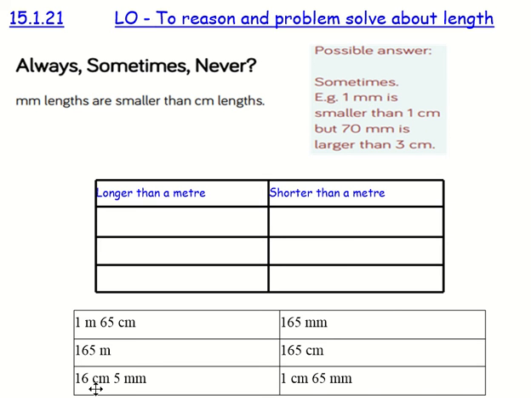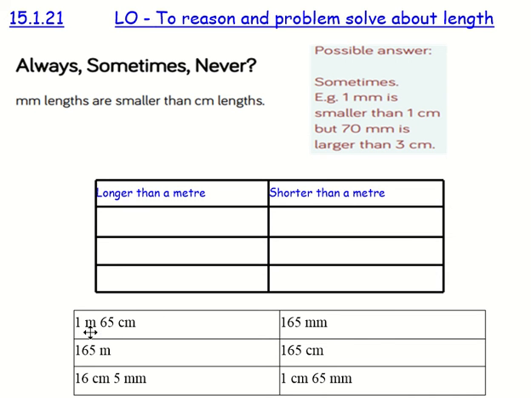We've got 16 centimetres and 5 millimetres, 165 millimetres, 165 centimetres, and 1 centimetre and 65 millimetres. Okay, so we need to think about which ones. They've got to be more than 100 centimetres to be longer than a metre. Okay, so let's have a little look.